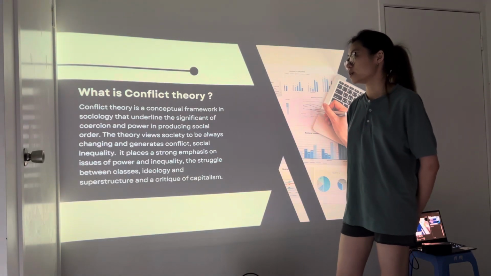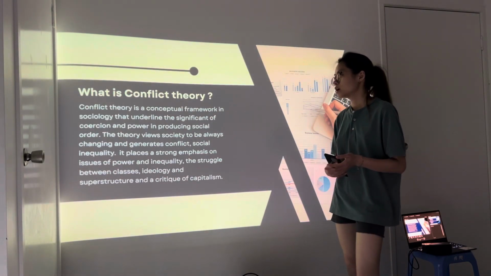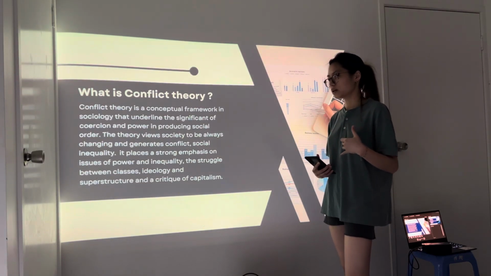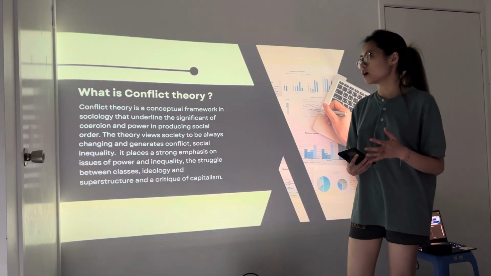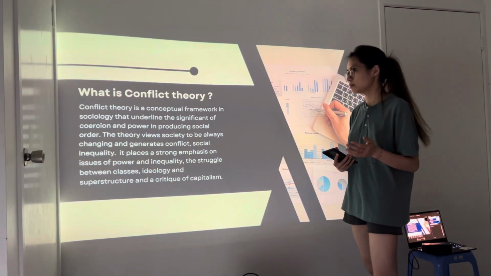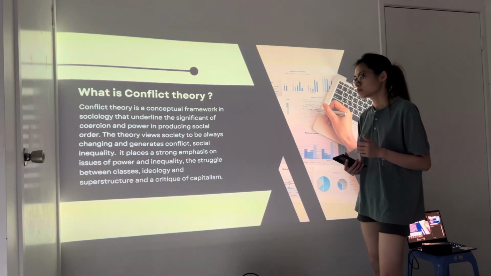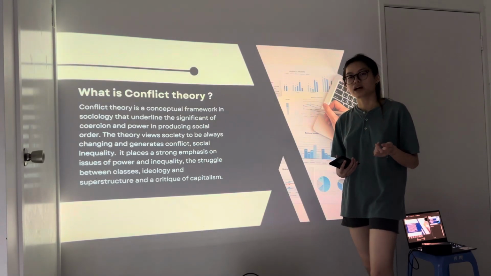The theory views society as always changing and generating conflict and social inequality as well. It places a strong emphasis on issues of power and inequality, the struggle between classes, ideology, superstructure, and it's also a critique of capitalism.